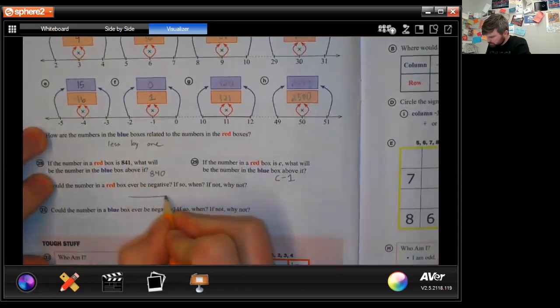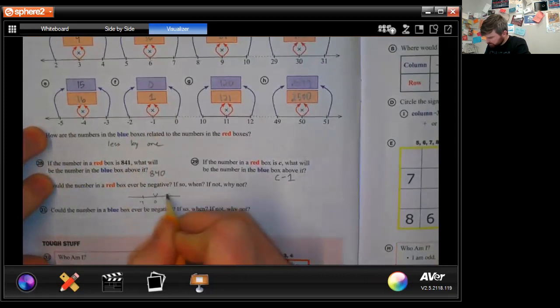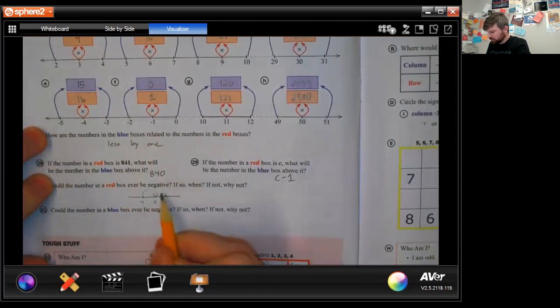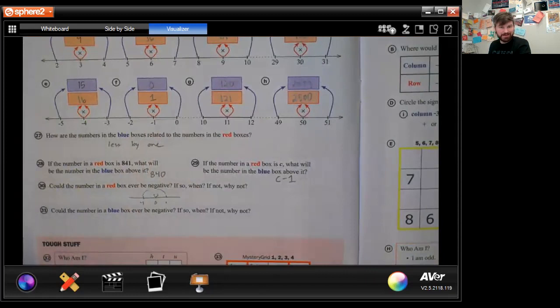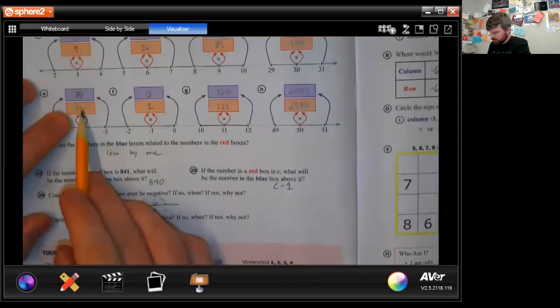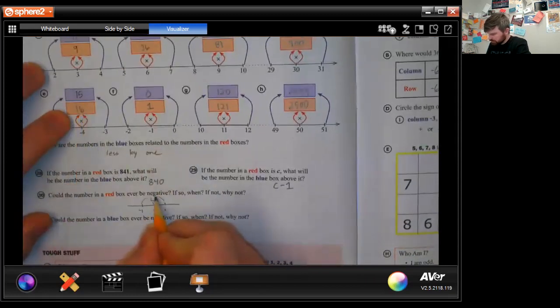If I got 0 and I multiply 0 and 0, and then I go -1 and 1, -1 times 1 would be -1. So that is the only reason why. Oh, sorry, that was the red. The red would be 0 and 0. So that's no.